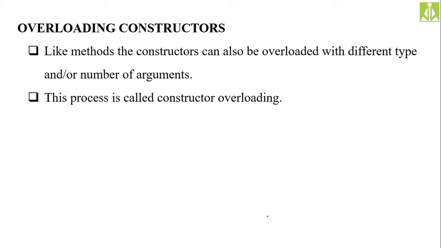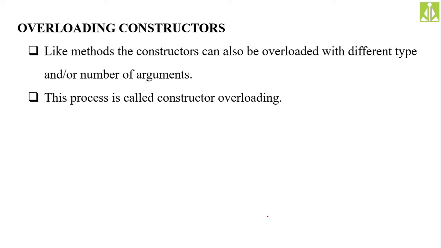So as methods can be overloaded, constructors can also be overloaded with different types and numbers of arguments. Here also, in order to overload, you simply change the type of parameters or change the number of parameters. These are the two ways in which you can overload a constructor.